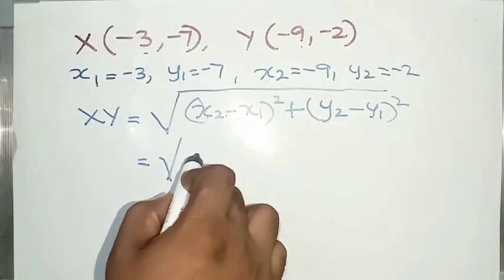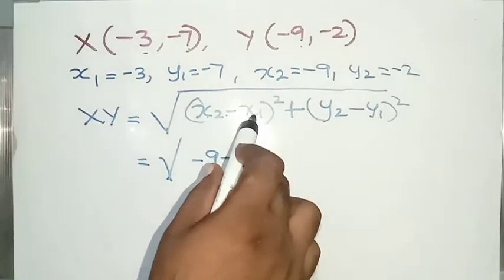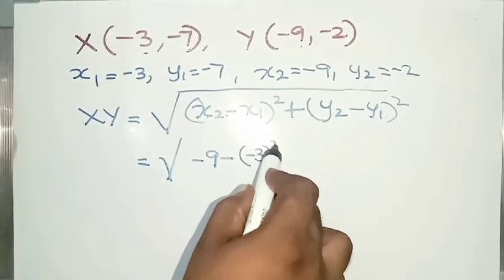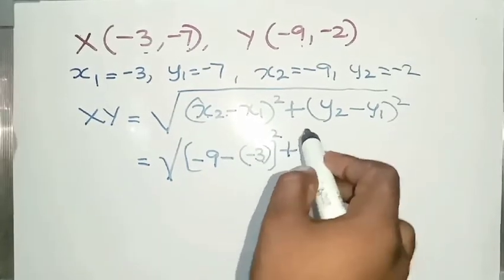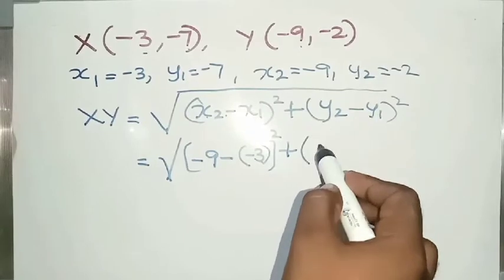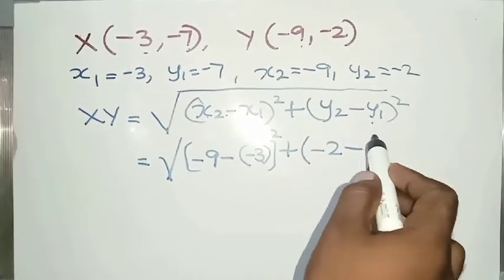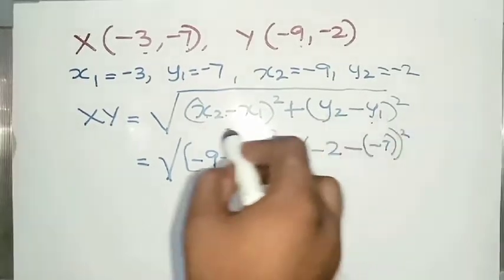Let's replace it. x2 is minus 9 minus x1, x1 is minus 3, the whole squared, plus y2, which is minus 2, minus y1, minus 7, the whole square.